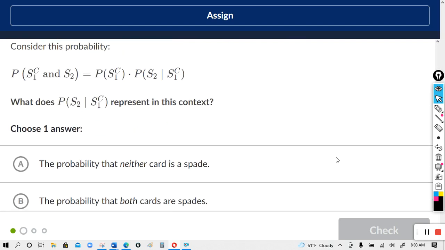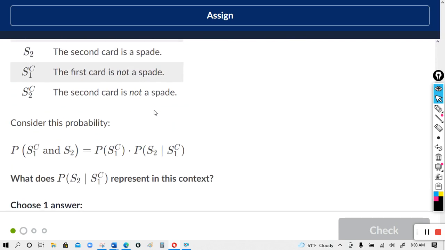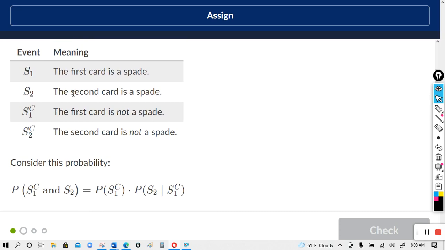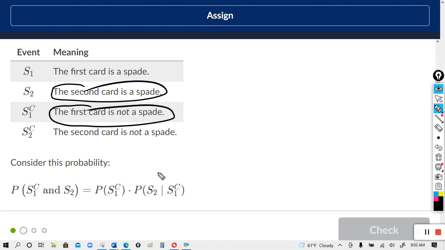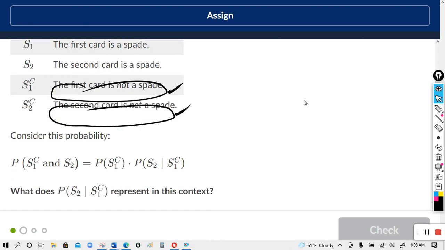Last one here. What does probability of S2 given S1C represent? S2 is that the second card is a spade, given that the first card is not a spade. So go to the given answers.